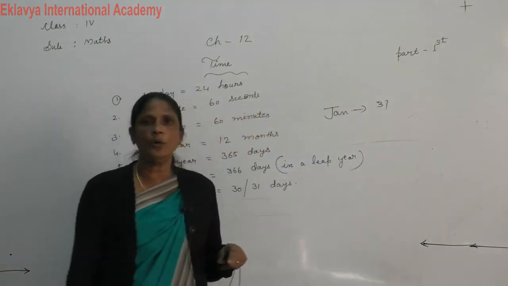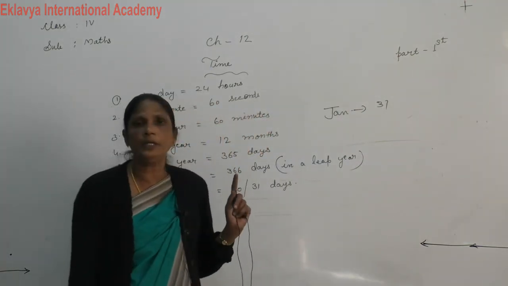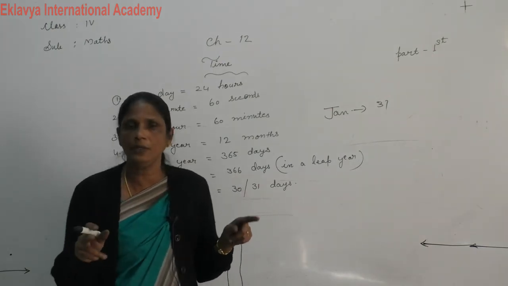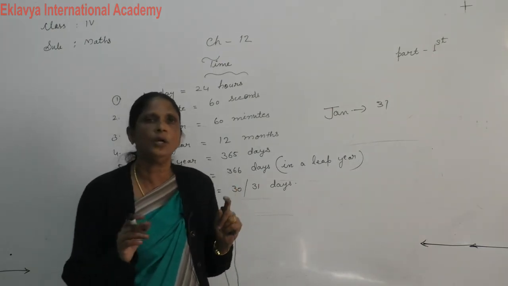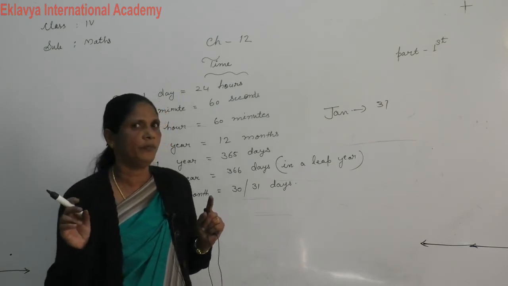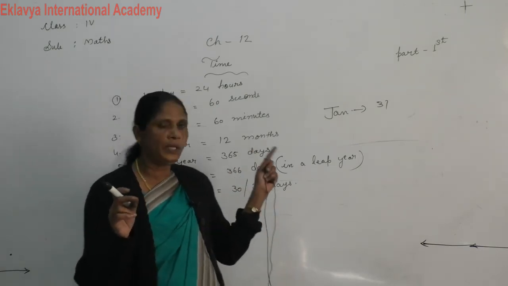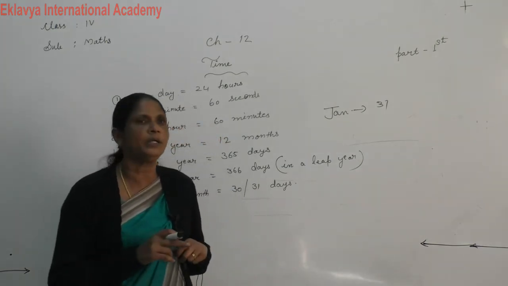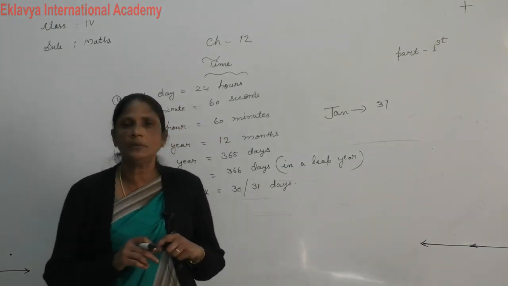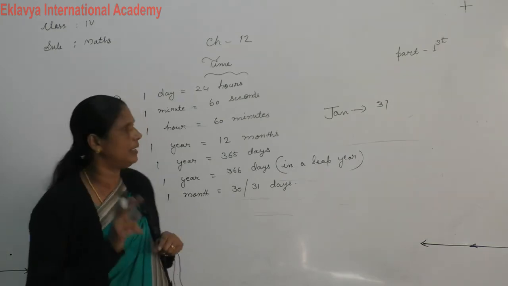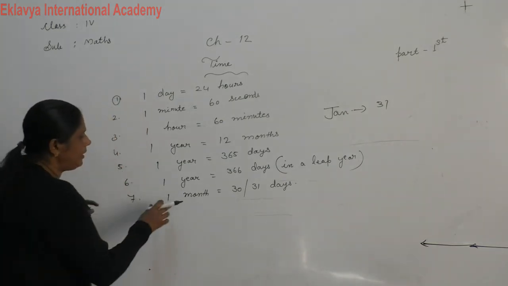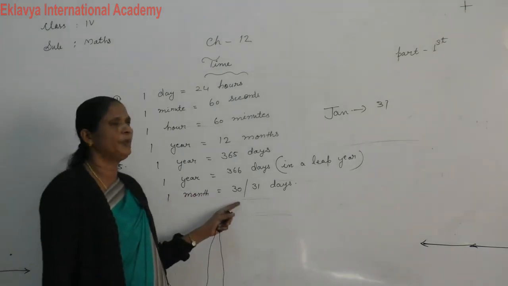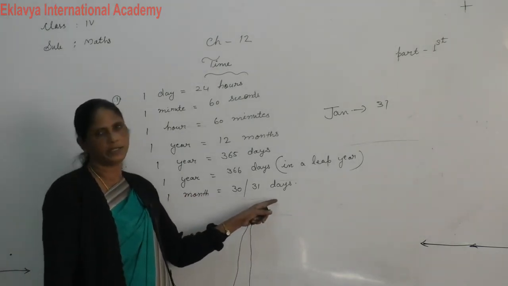In ordinary cases, when no separate month is given in the question, you take only 30 days. Here 1 month is equal to 30 or 31 days.